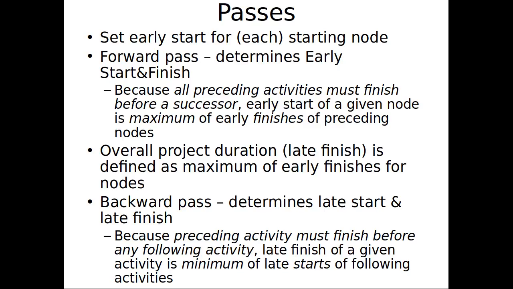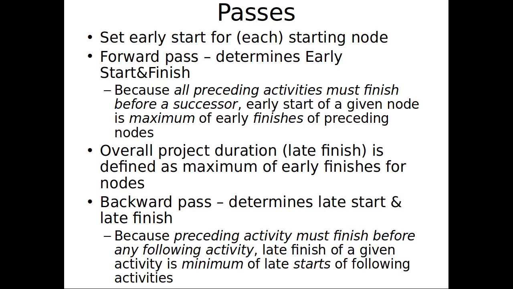In the backwards pass, ladies and gentlemen, we are not considering the preceding nodes, we're considering the successor nodes, the nodes that come after this, and we're taking the minimum in order to determine the late finish of a given task. We're taking the minimum of the late starts of the things that depend on it.